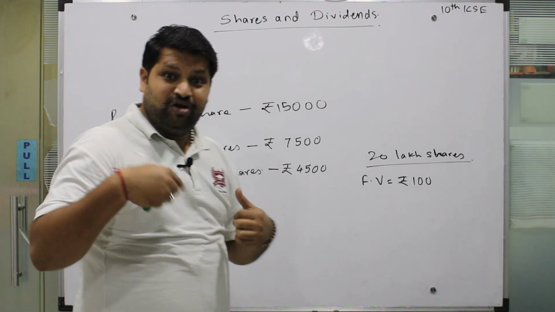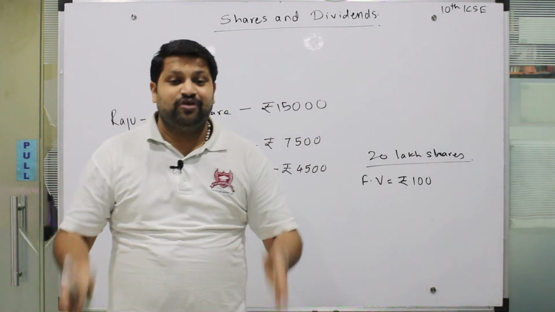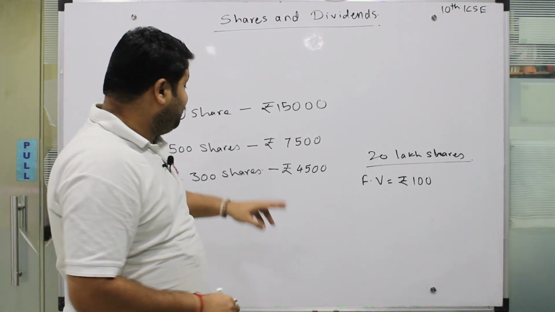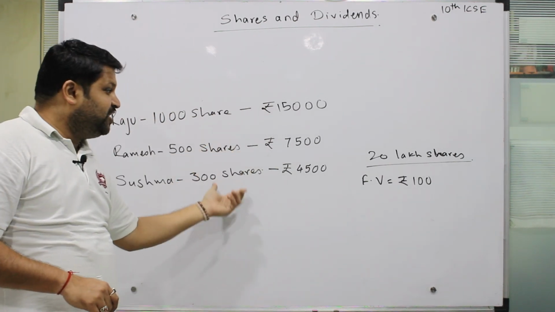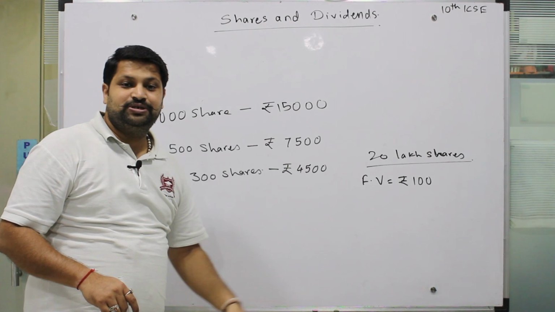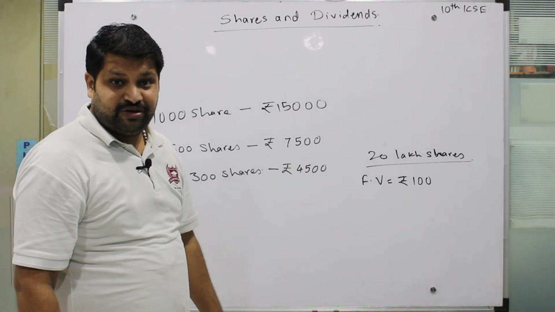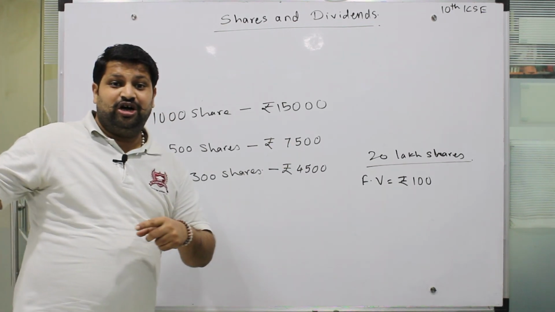Now what happens? Now my company is making profit. Now everyone wants profits. So everyone wants profit making shares. So now if you want to buy these shares, are these people willing to sell the shares at 100 rupees? Absolutely no, because the company is making a lot of profit. So what are they going to say? Now this again depends on the exchange.